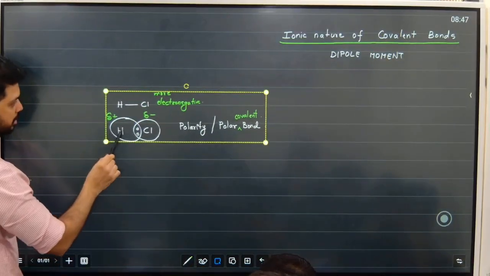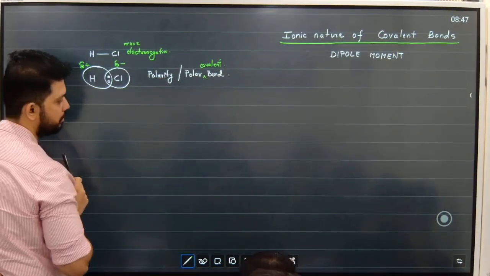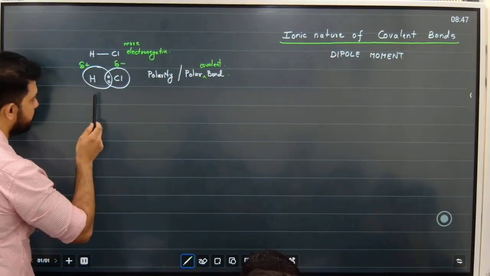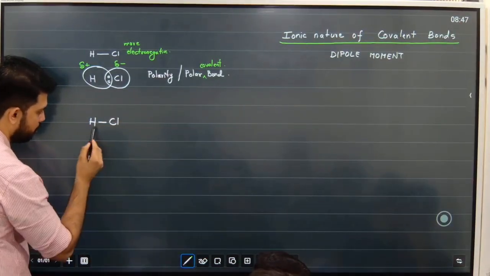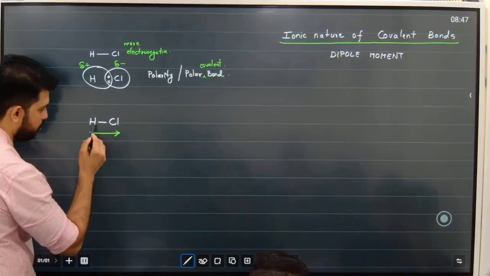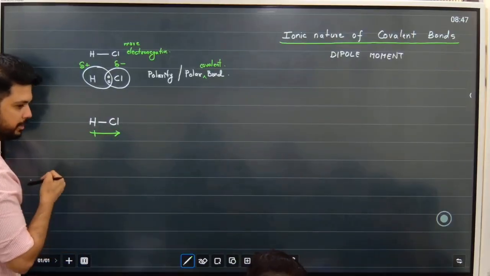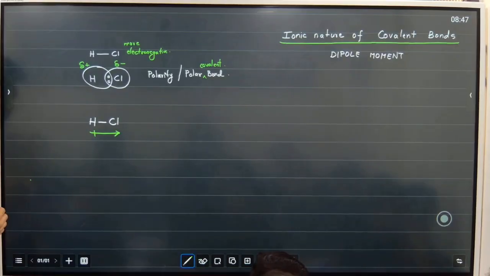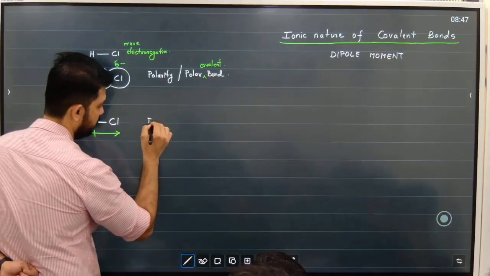Now, in order to express bond polarity, what we do is, in HCl we show an arrow from the less electronegative element to the more electronegative element, and this phenomenon is called a dipole.